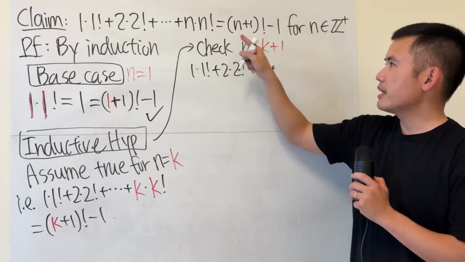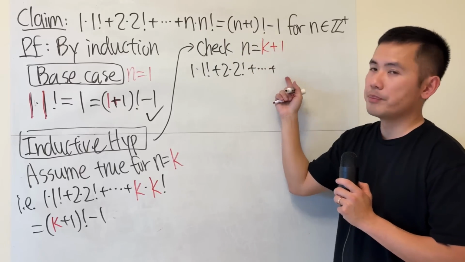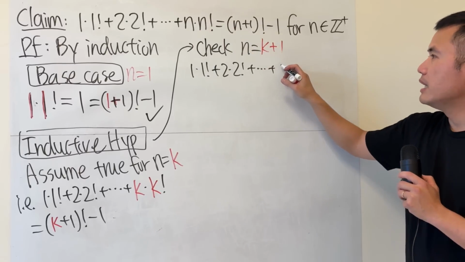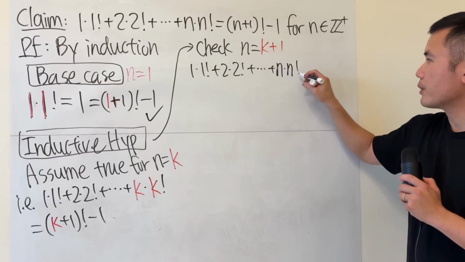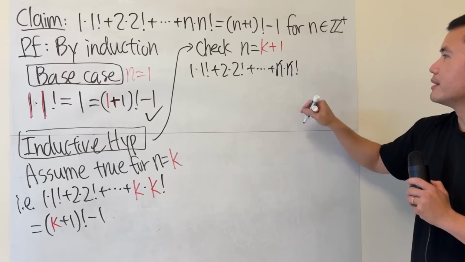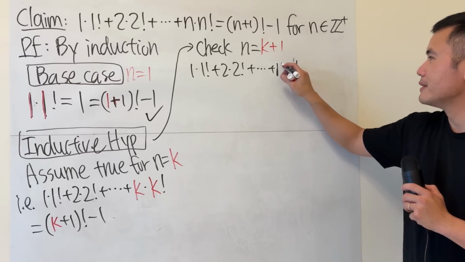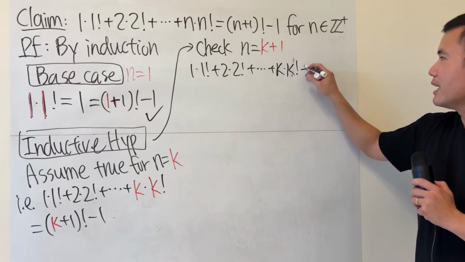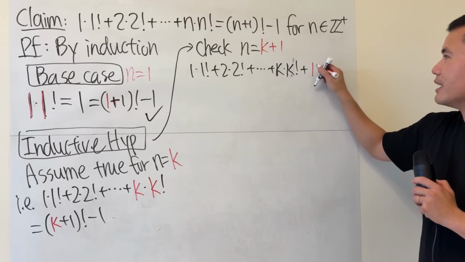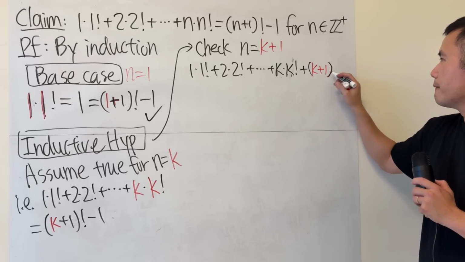But I would also like to write down the term before it, which is k times k factorial, because I'm using k here. That's a horrible k, right here. And then plus, here we have the (k plus 1) times (k plus 1) factorial.